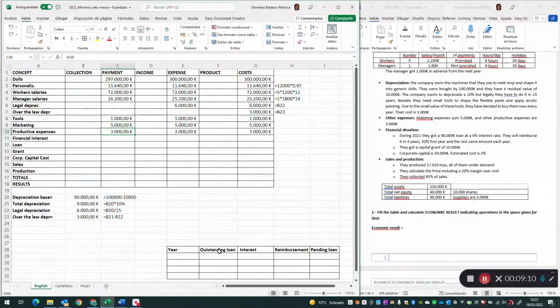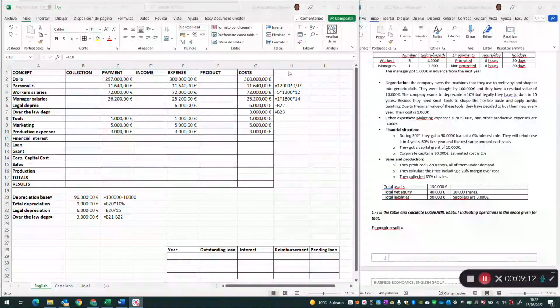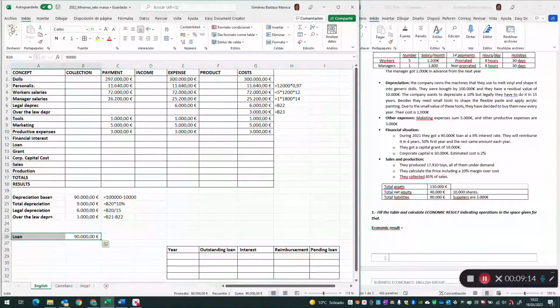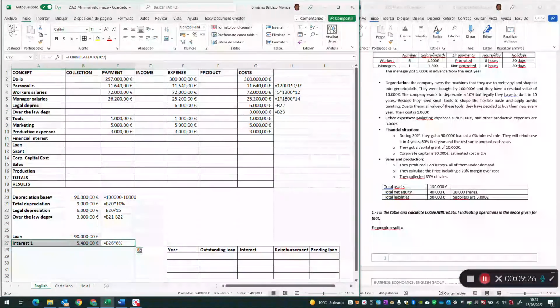So let's move on. We have a loan that is 90,000 and the interest rate is 6%. So our interest for the first year, the one we're going to place in the collection income product chart, is going to be 6% of the loan, okay?